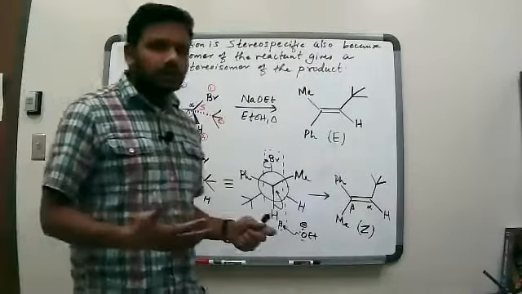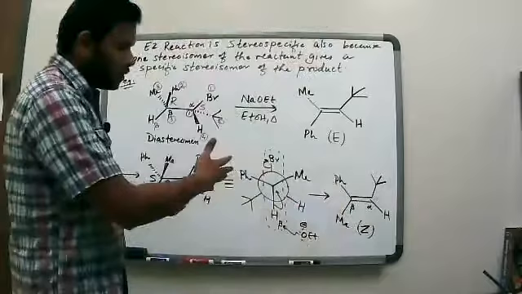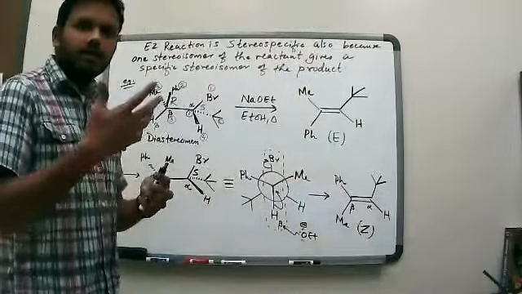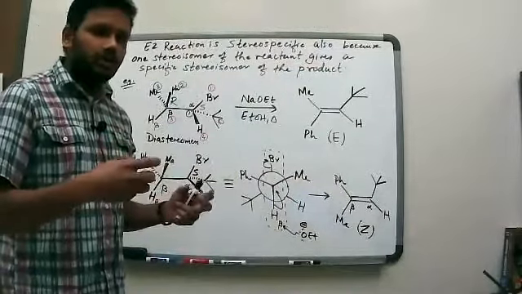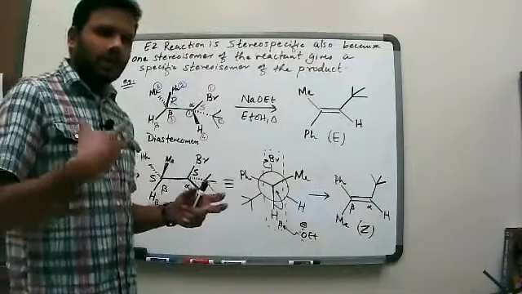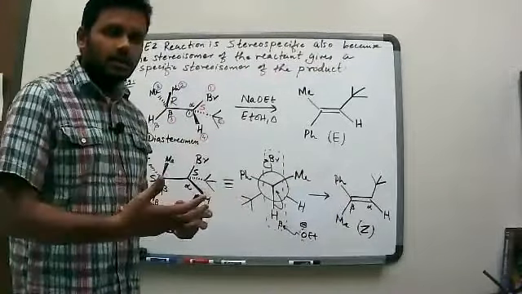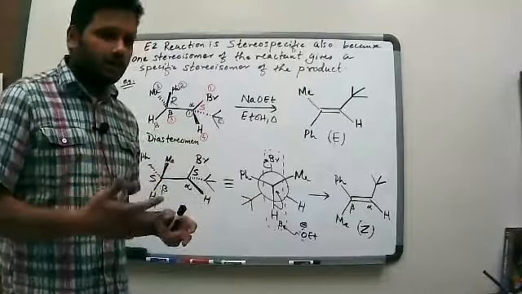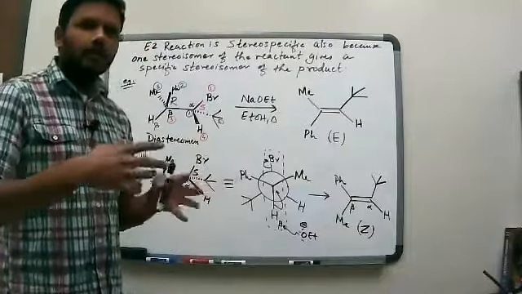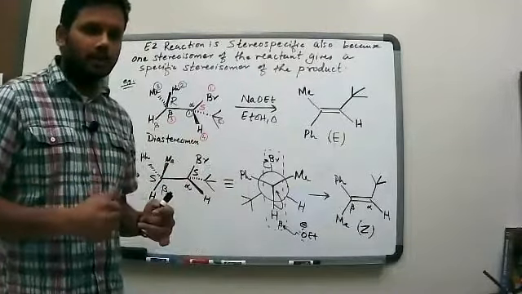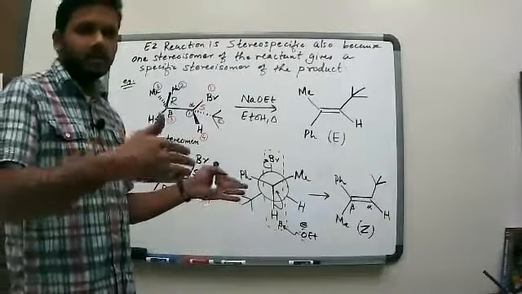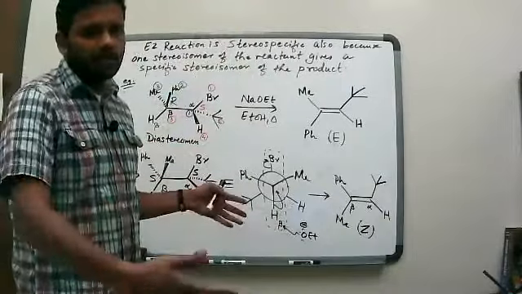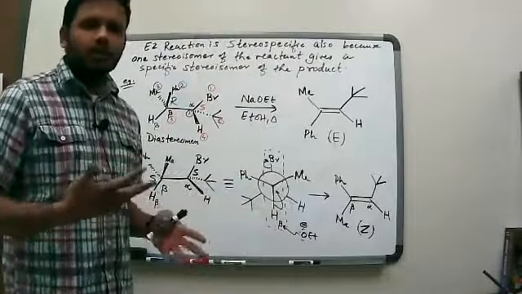And all of this is possible because it is a concerted process. Everything happens in one step. So when a reaction happens in a concerted way, then there is a lot of control that's possible in the reaction. But if a reaction happens in several steps, when you make intermediates, then the control is lost to some extent.